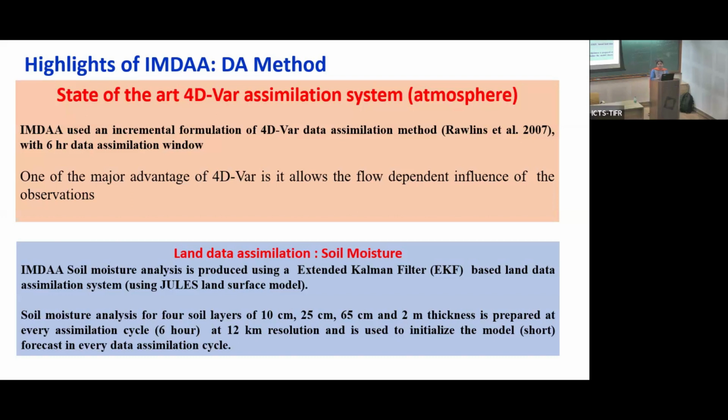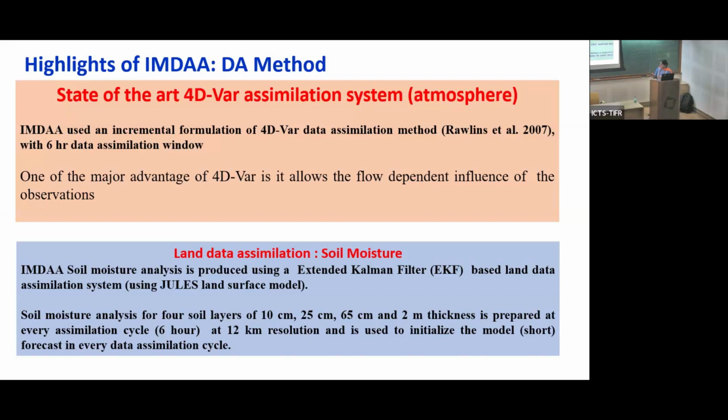So the flow dependency of observations does not come in 3D-Var. But in 4D-Var, we take care of the time of the observation also, when that observation was taken. So the observation's flow-dependent influence is accounted for in 4D-Var, and here we use the hourly background field, so that every hour the background field was coming.